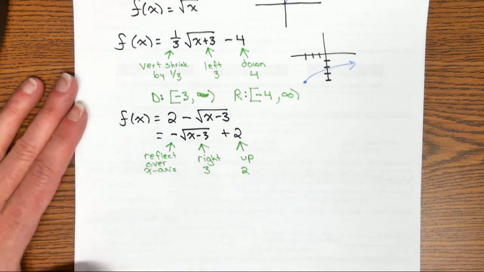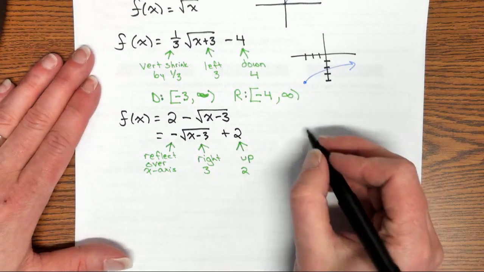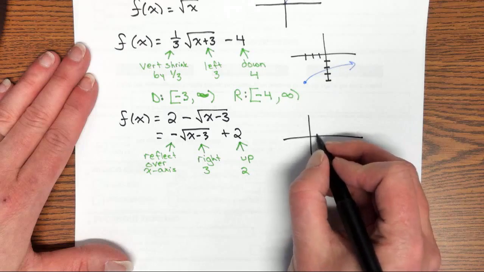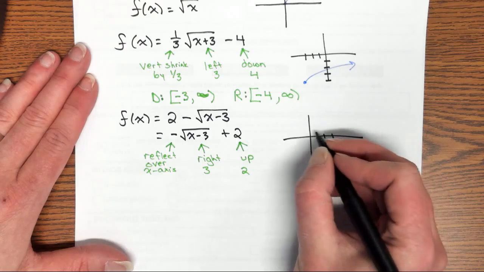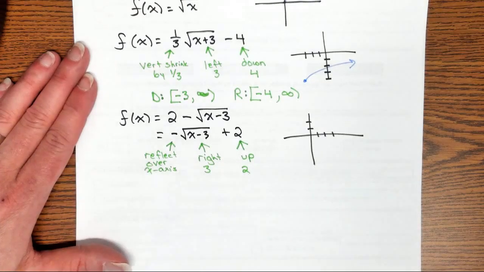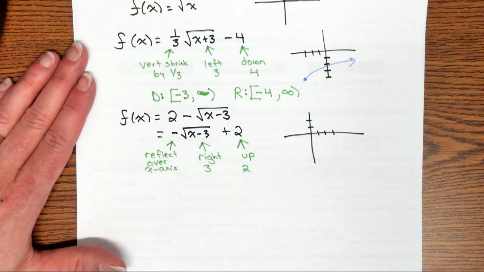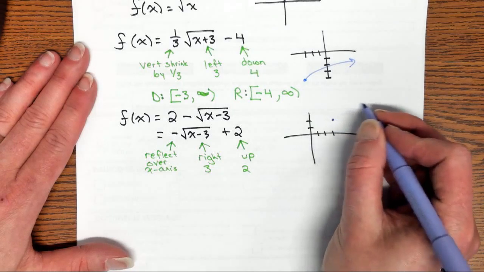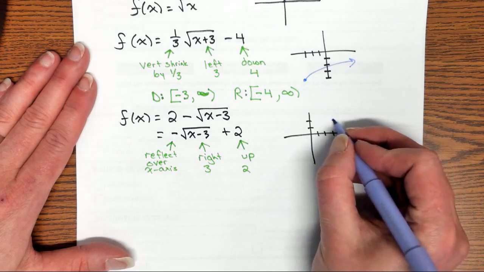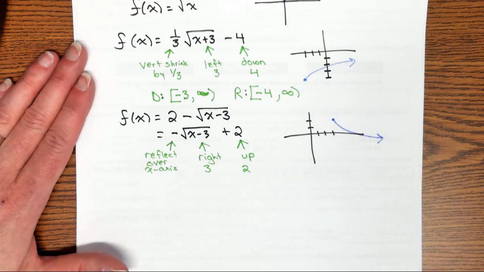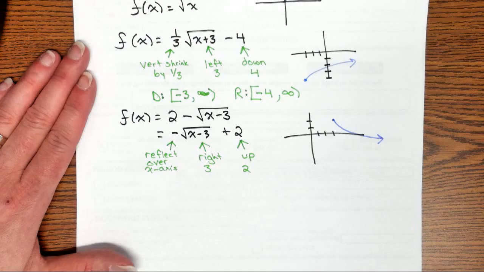Now you can double check with your calculator, but you should see a graph that looks something like this. So I know that little point moves right 3 and up 2. It's going to be here. But instead of being this part, it's going to be going like that. Now, so let's think about our domain and range.